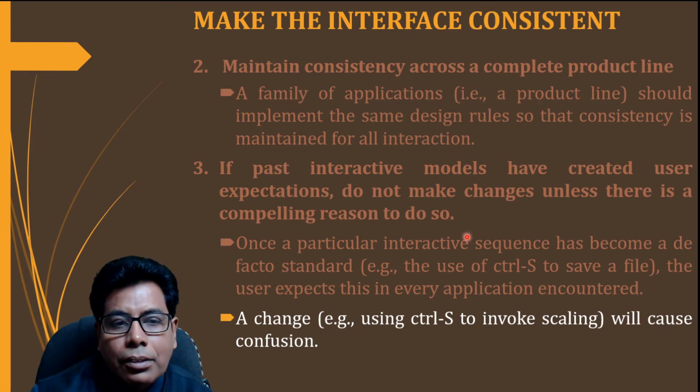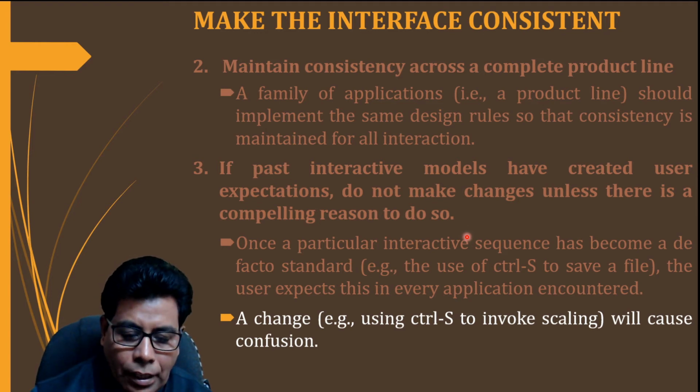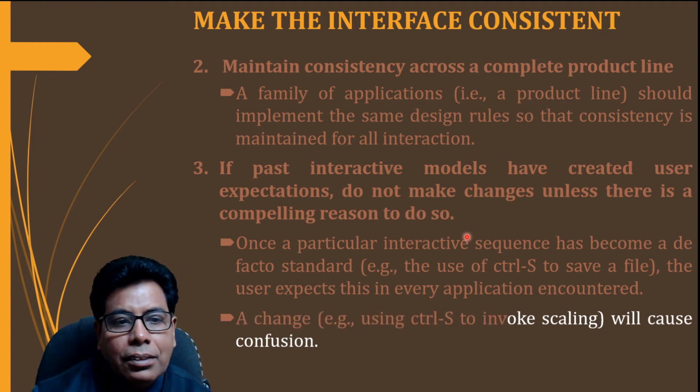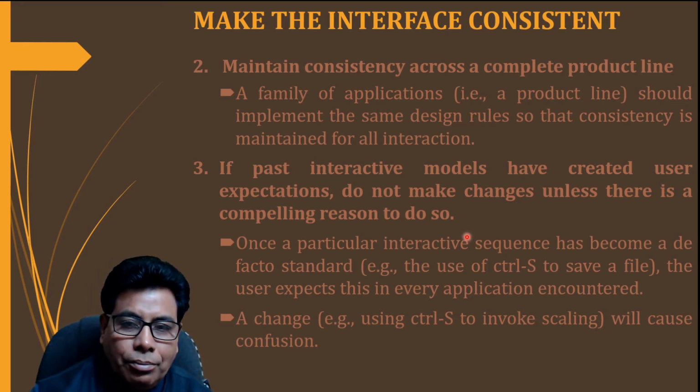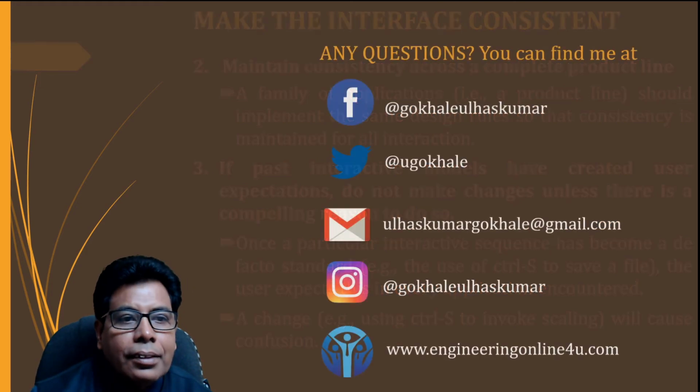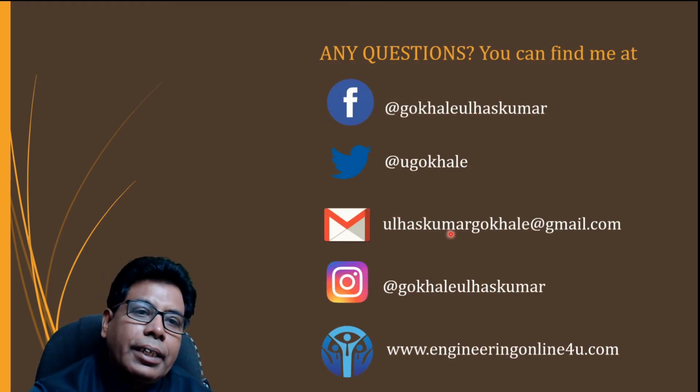The user will expect this in every application, so that is to be followed. If you try to change Control S for scaling and other things, it will cause confusion. That is the meaning. Then with this we come to the end of this video.